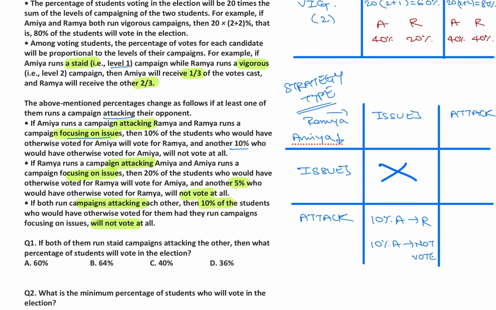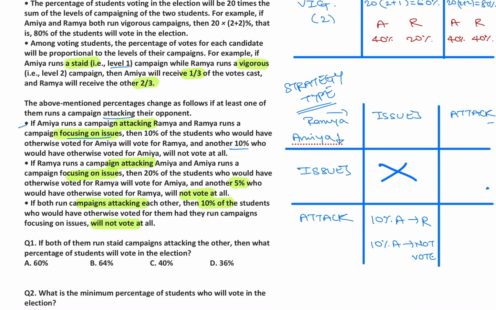Okay, so we are done with this. Let's go on to the second point. If Ramya runs an attacking campaign, so now Ramya is attacking and Amya is focusing on issues, so I have to fill this particular box.